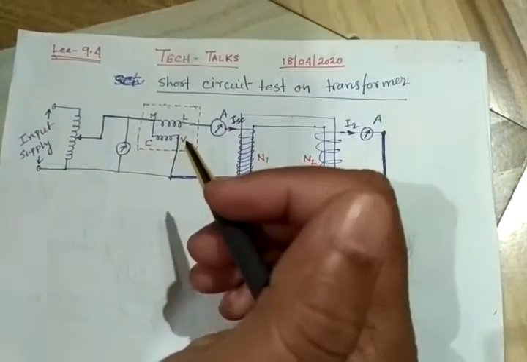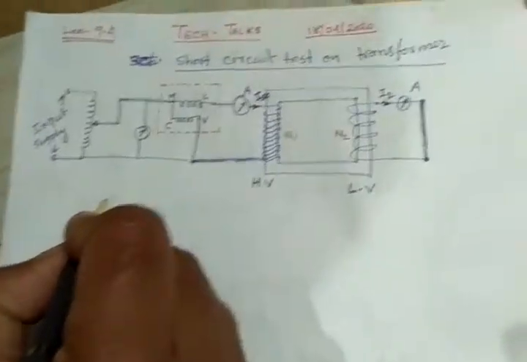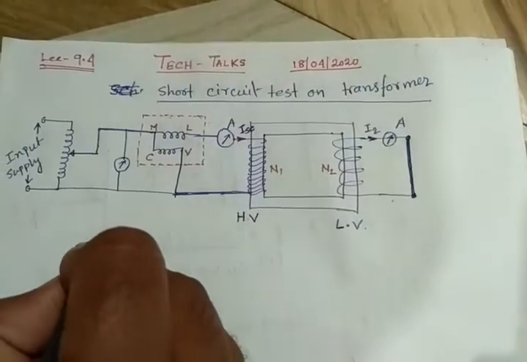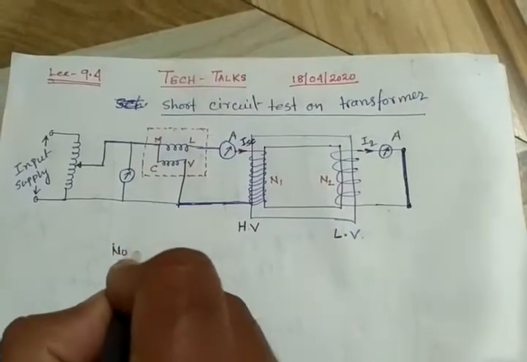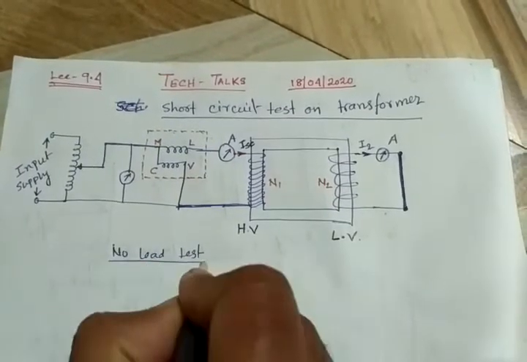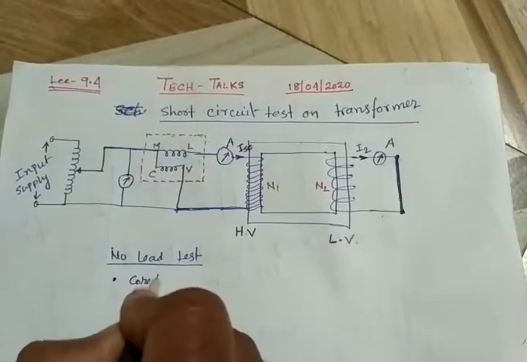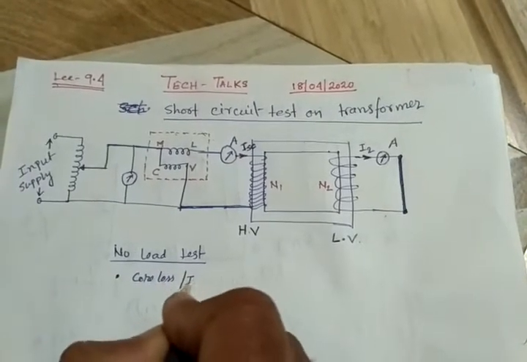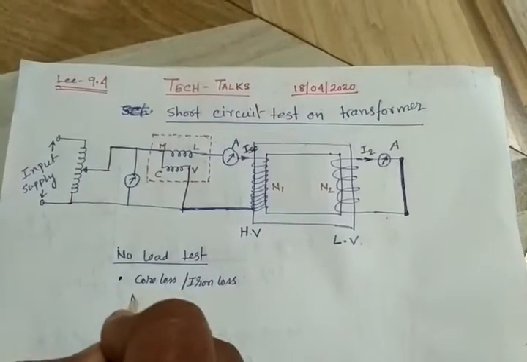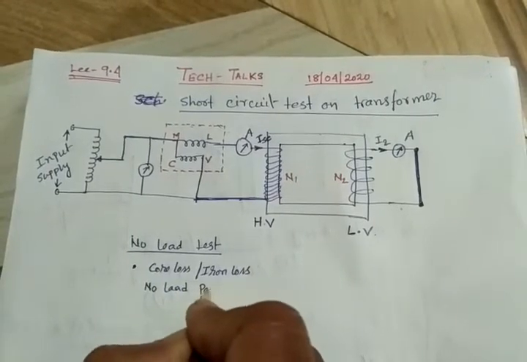Before that, why this test is performed? In the last lecture 9.3 we discussed that the open circuit test or no load test is done basically to find the core loss, or we say iron loss, and the no load power factor.